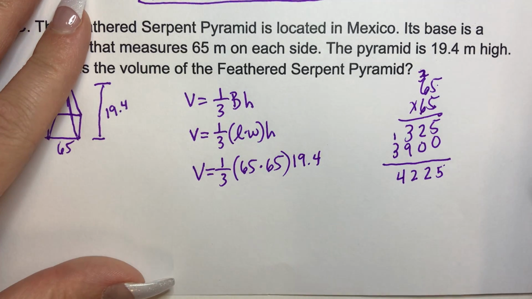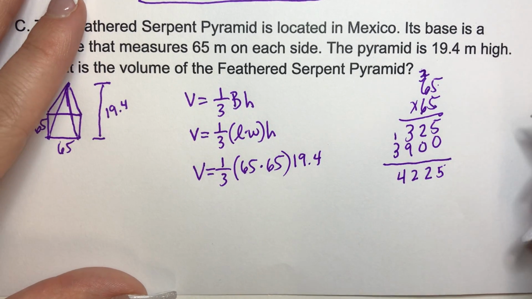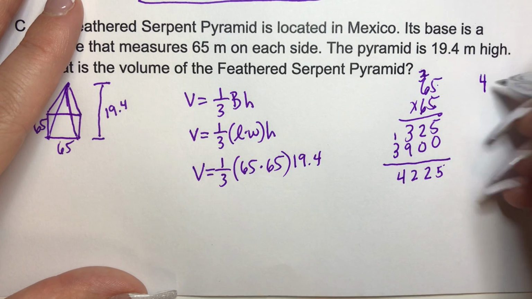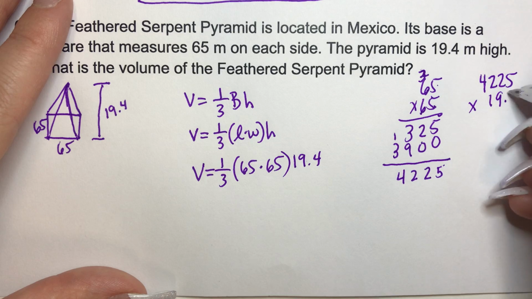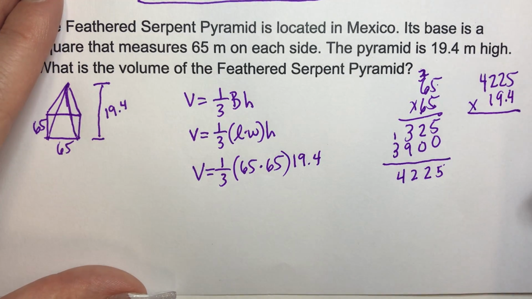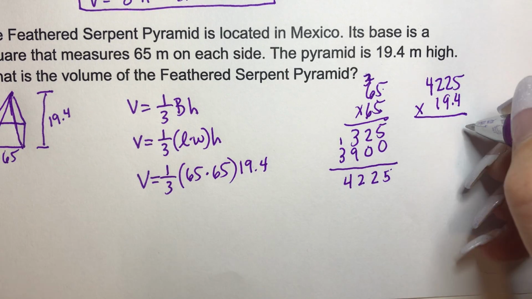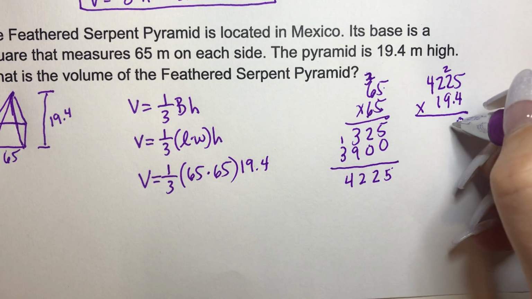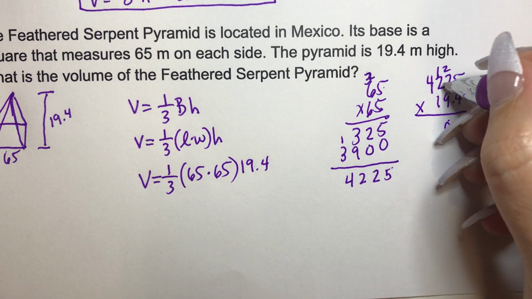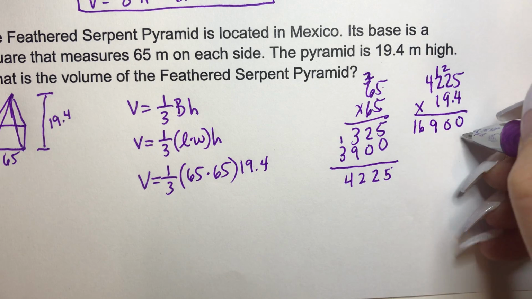All right. Then we're going to take this number and multiply it by 19.4. So 4,225 times 19.4. Okay, here we go. 4 times 5 is 20. Write the 0, carry the 2. 4 times 2 is 8, plus 2 is 10. 4 times 2 is 8, plus 1 is 9. 4 times 4 is 16.